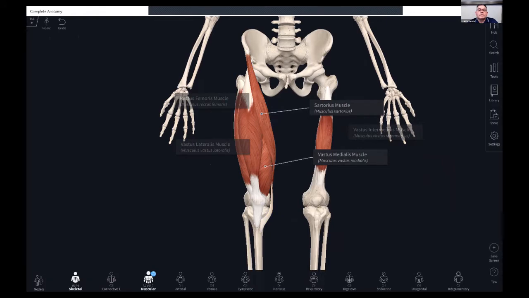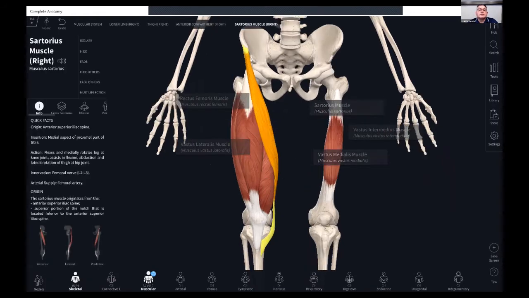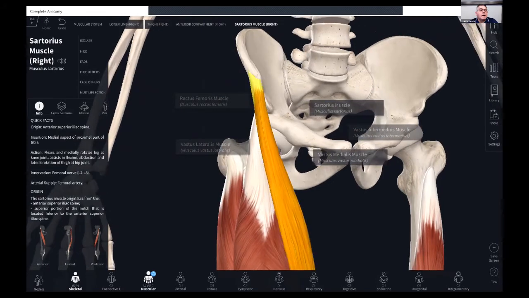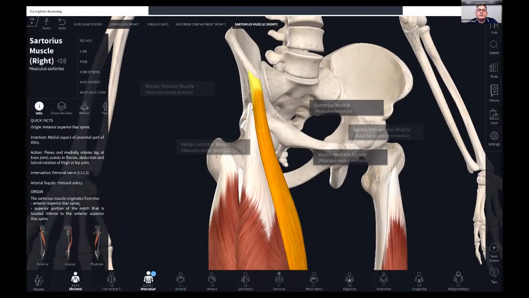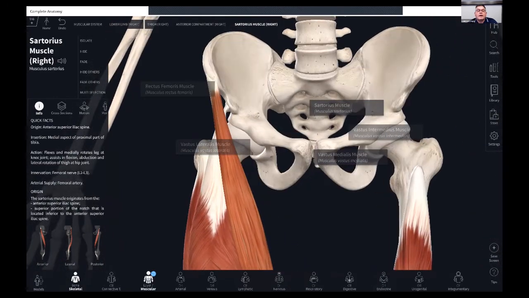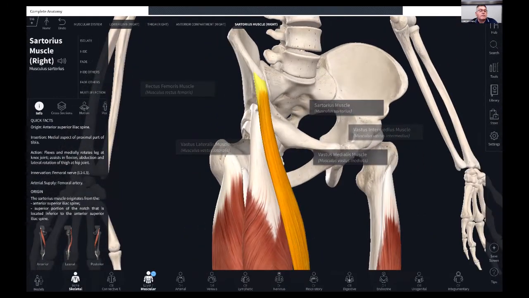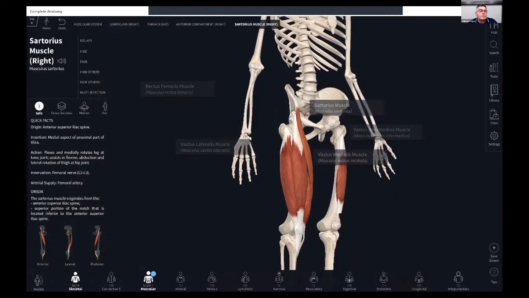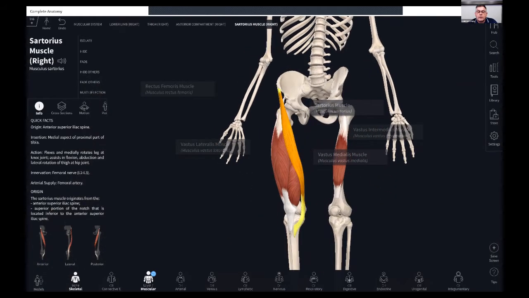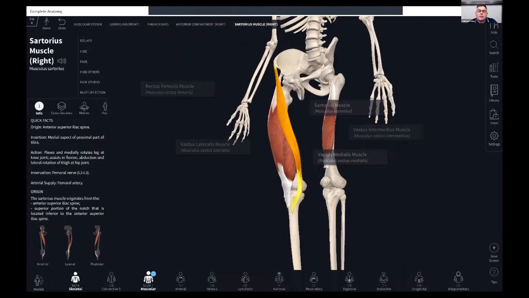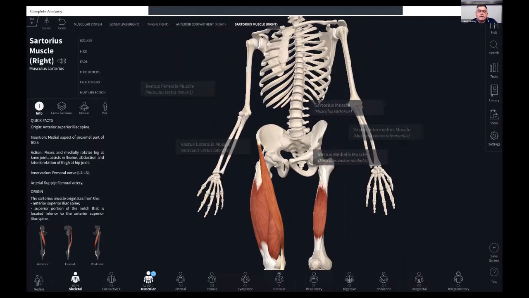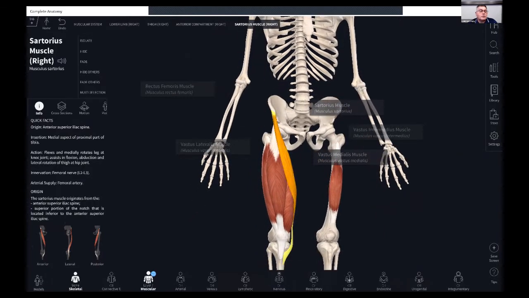Sartorius itself, its origin is the ASIS, anterior superior iliac spine. We'll look at the sartorius tendon momentarily. It's a very short structure, but with a strain it can be clinically relevant. It inserts on the medial aspect of the proximal part of the tibia, another piece of the pes anserine, along with gracilis, and one additional.